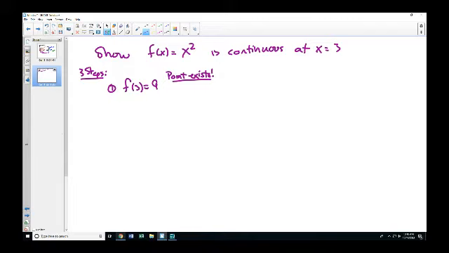Here's the part that takes some time in PreCalculus. Calculus makes this really fast. We have to show the same y value from the left and the right.